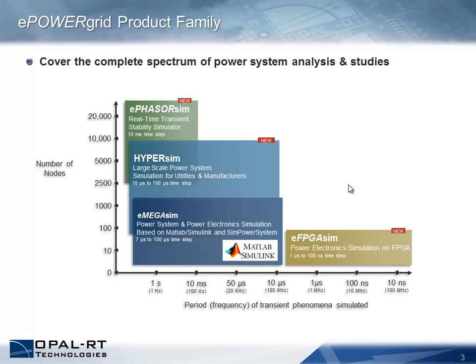HyperSim is a software that is another addition to our product line, in which you can perform large-scale power electromagnetic transient studies, and you can scale up to several CPUs in parallel, taking advantage of the natural delay that you have on a transmission line for parallelism.